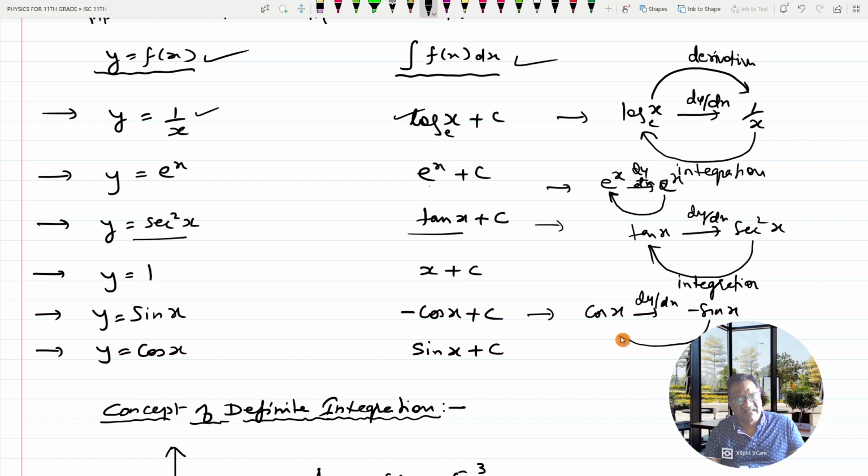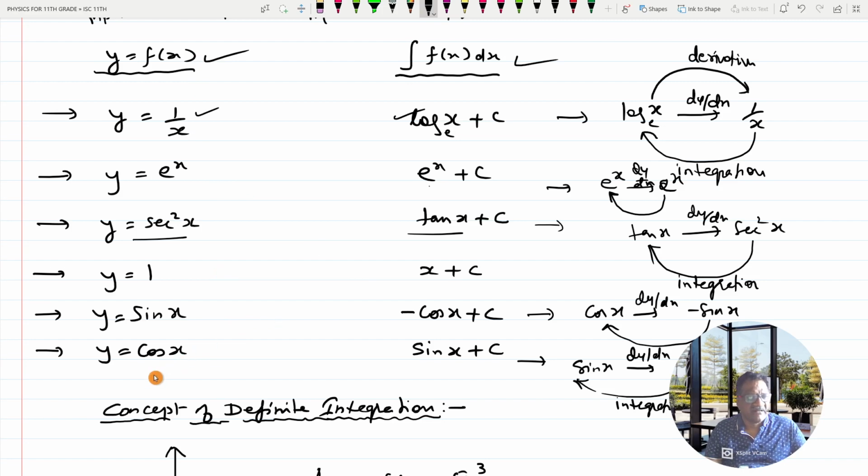So the integration of minus sin x will be minus cos x. Here also, because we know that the derivative of sin x is cos x, so the integration of cos x will be sin x. Okay. So that is how you have to find out the indefinite integration of some of the functions that I have mentioned over here.